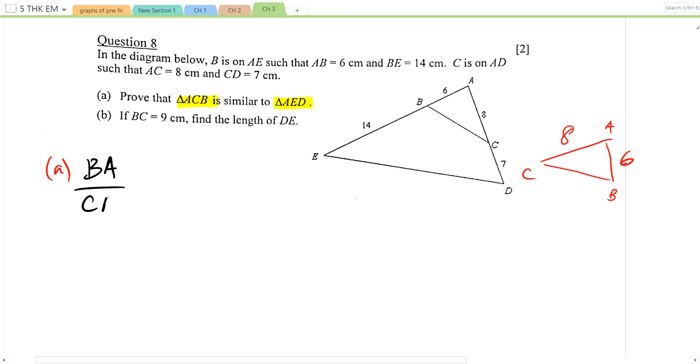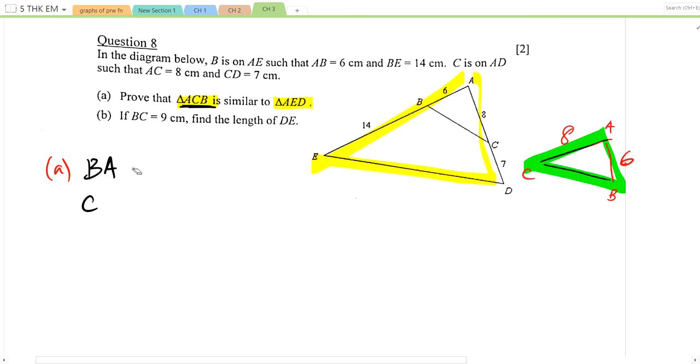BA over CA equals 6 over 15. Wait. Now to prove that ACB, the small triangle, is similar to AED, so big triangle and small triangle.